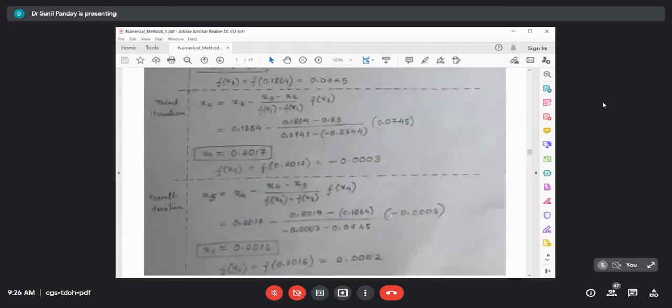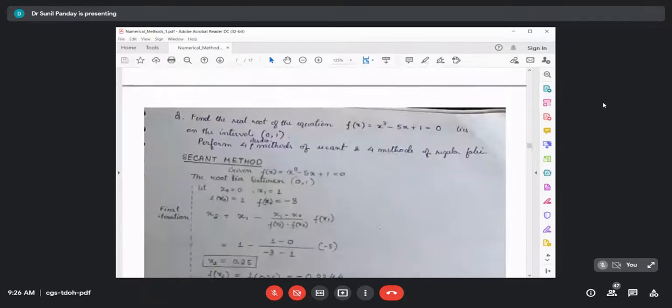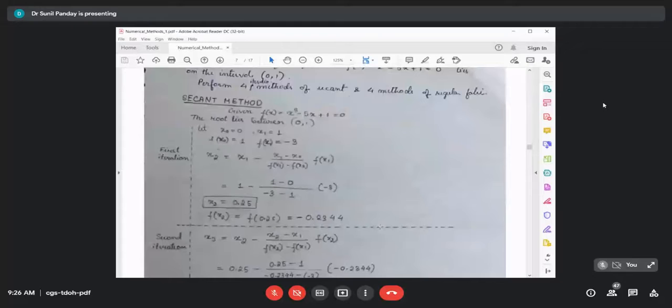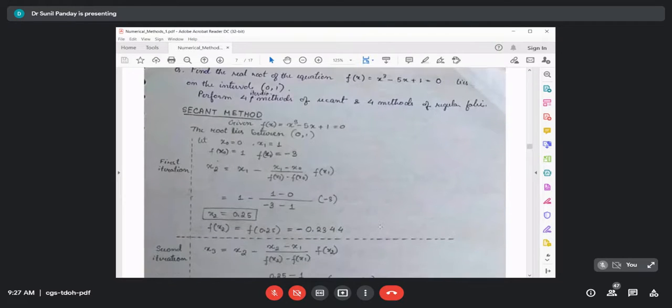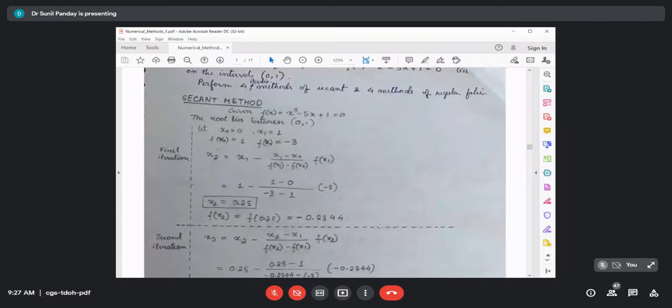So one advantage of the secant method is that it is fast. It will give you a result in fewer iterations, but it may diverge also, because we are not bothering whether the root lies in the interval or not, and we are not checking whether the next approximation lies within the interval containing the root.